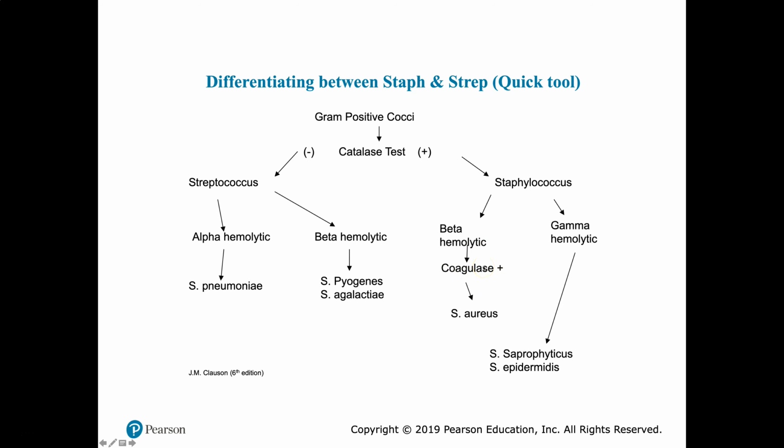coagulase. Coagulase is an enzyme that Staph aureus produces. It's the only staphylococcus that produces coagulase. And coagulase basically takes the plasma portion of blood and clots it.